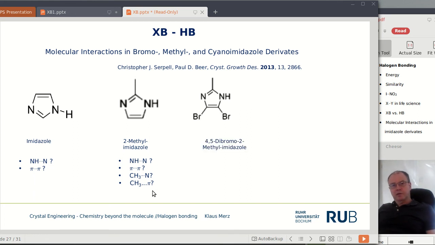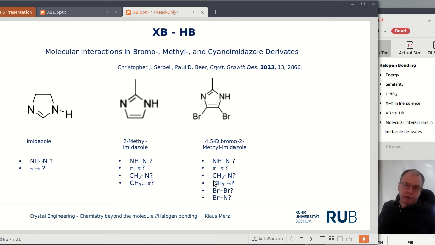In the case of a bromine substituted compound, we know this form, and additionally halogen bonding, bromine-bromine interaction or bromine-nitrogen interaction.